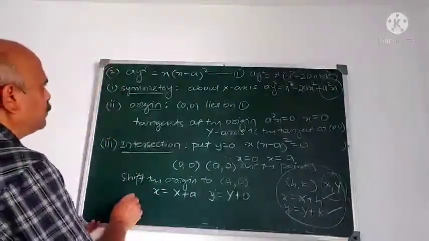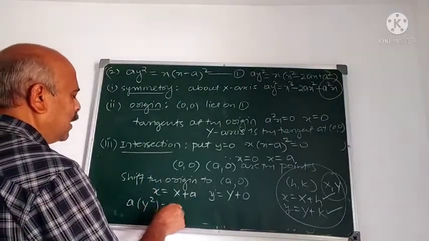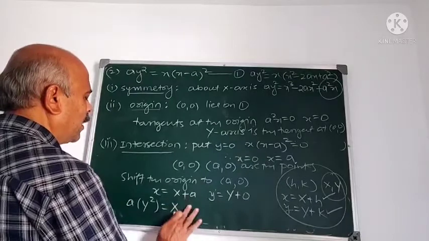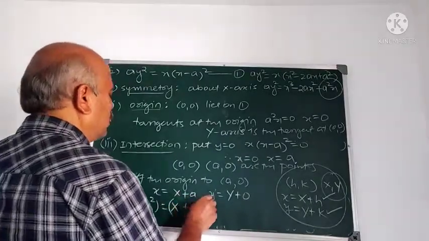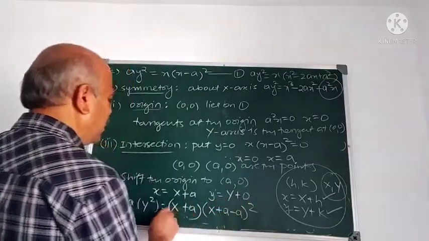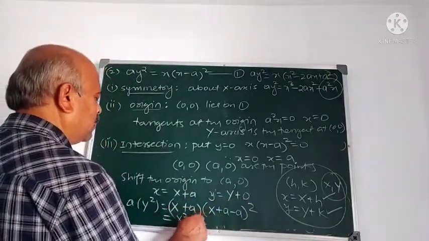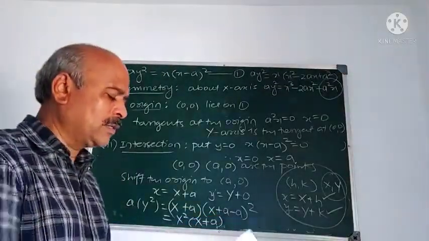So we get a into Y square is equal to (X plus a) into (X plus a minus a) whole square, or X square into (X plus a).